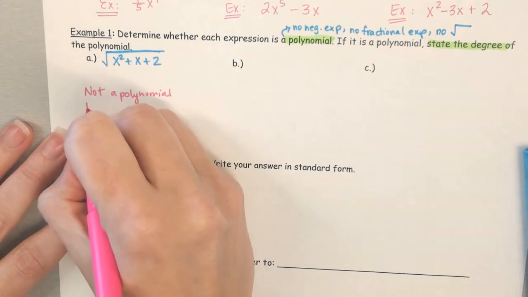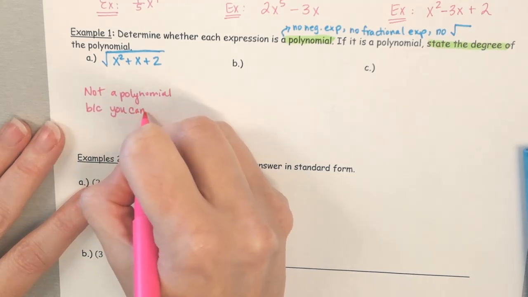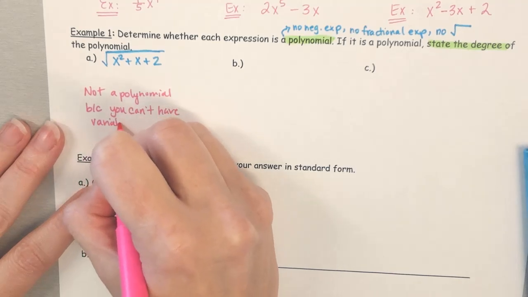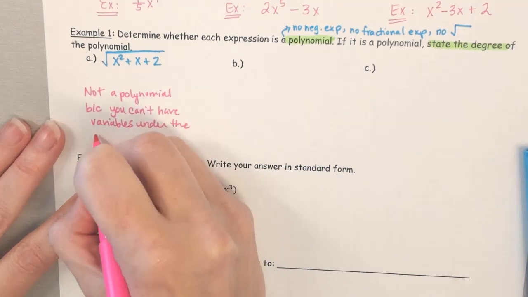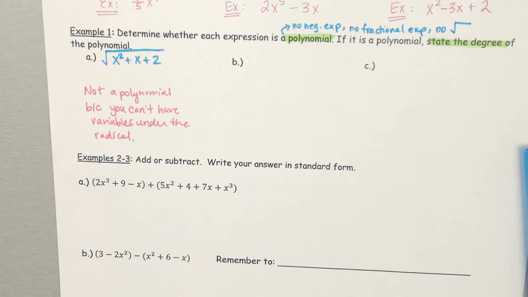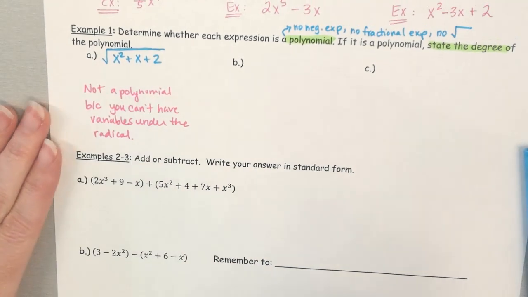And we're going to be specific and say because you can't have the variables under the radical. The reason I say radical and not just square root is because you could have a cube root, you could have a fourth root. We haven't really done a lot with those yet. But I wouldn't mark it wrong if you said square root because this is a square root.